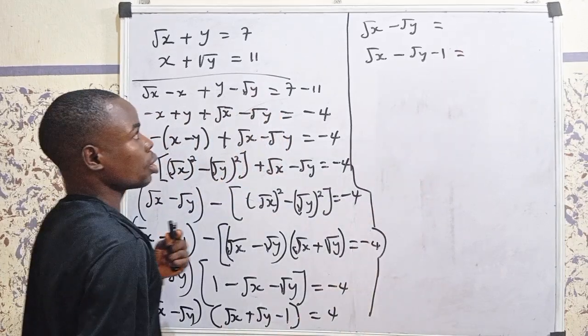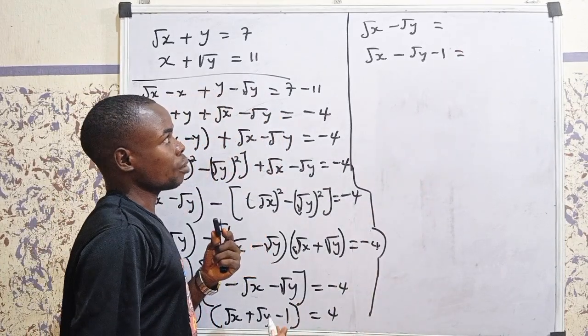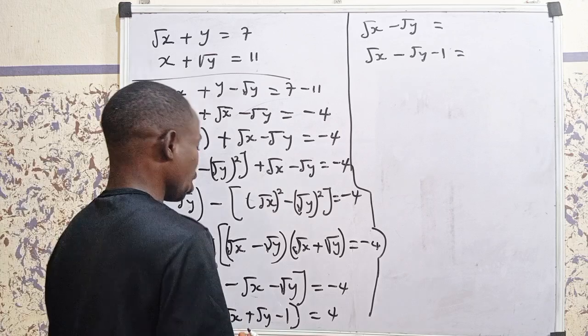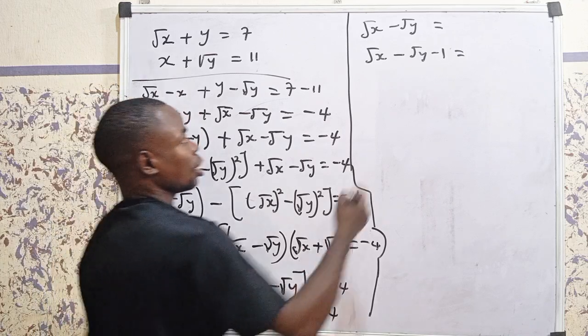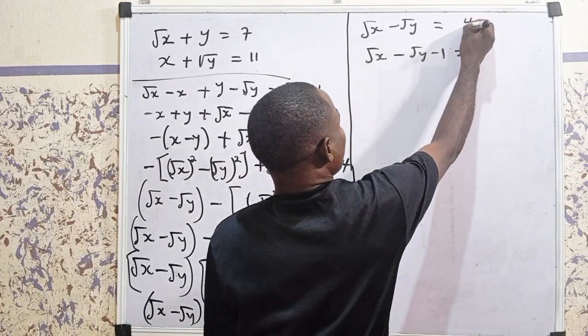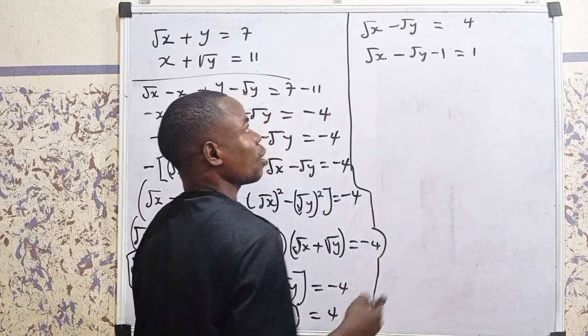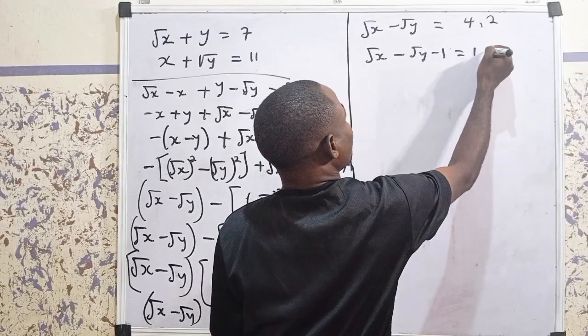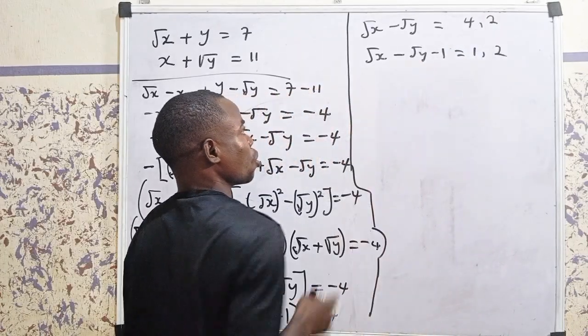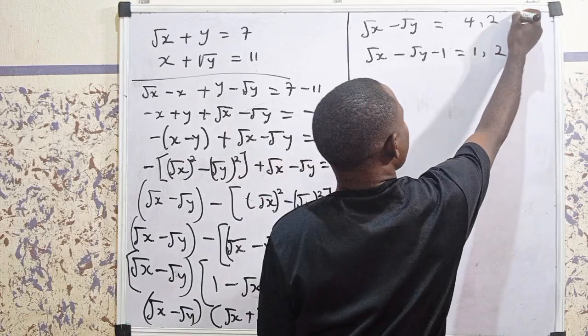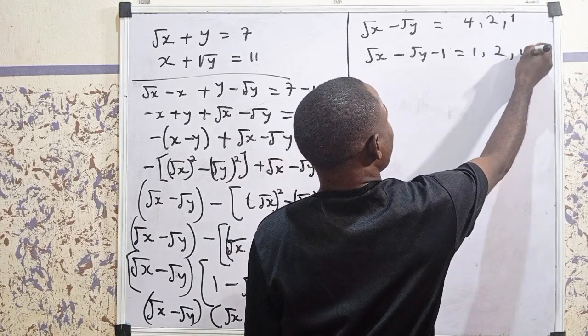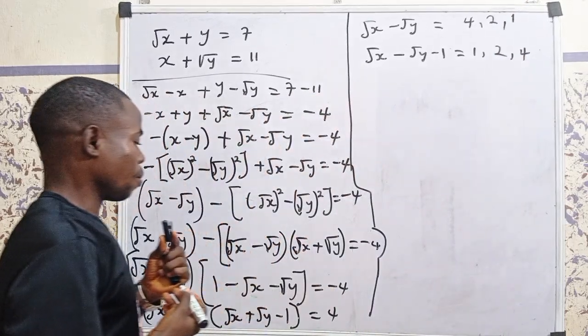So here the product is equal to 4. So what does that really tell us? For that to happen, either this one is equal to 4 and then this one becomes 1, or this one is equal to 2 and then this one will also be equal to 2, or either this one will be equal to 1 and then the second term becomes 4.